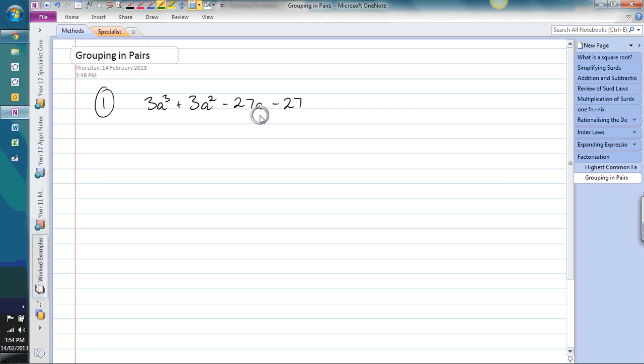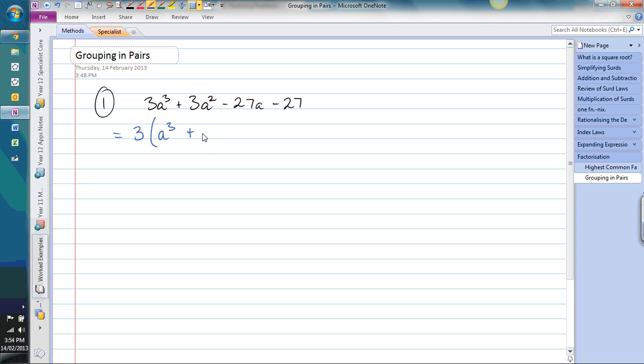Well, there's an a in 3 of them, but it's not in the last one, so that's not a common factor. However, if we look at the coefficients, both of these are divisible by 3, both of these are divisible by 3, so what I can actually do is factorize a common factor of 3 out the front.